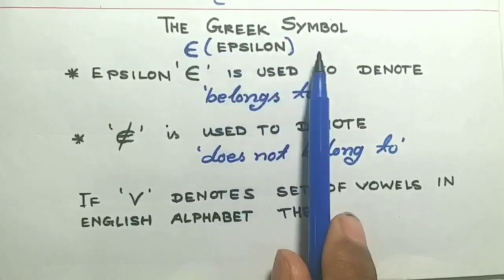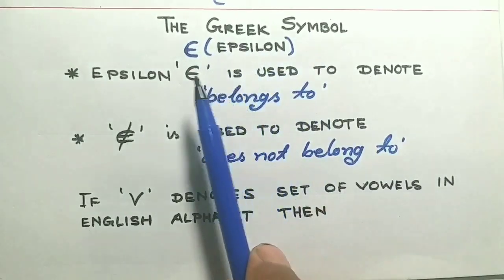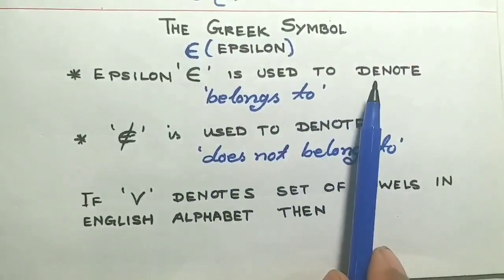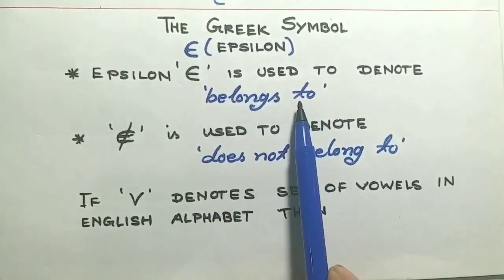Today we are going to learn one more new Greek symbol, in addition to the many Greek letters and symbols that we already learned. The name of this symbol is Epsilon. Epsilon is used to denote belongs to.